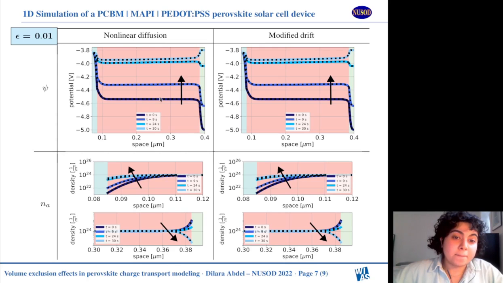So brighter color indicates here later time, and the colored lines correspond to solutions calculated with charge transport, and the black dotted lines to solutions calculated with Ironmonger.